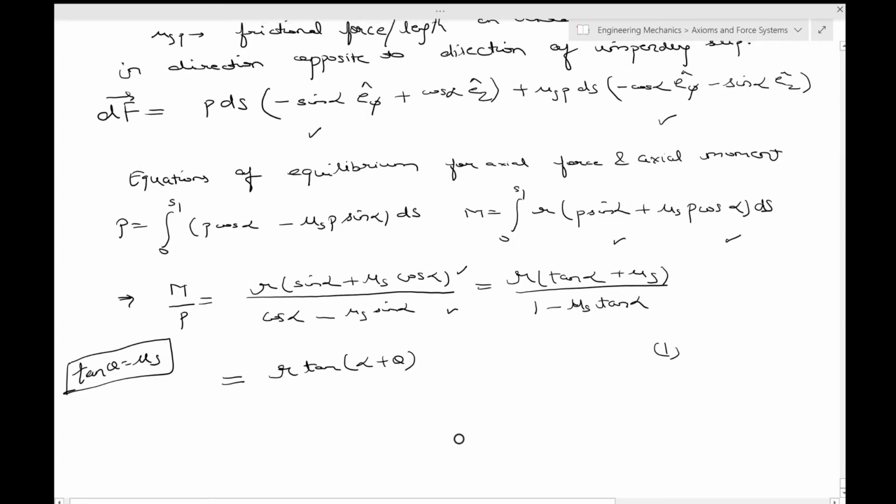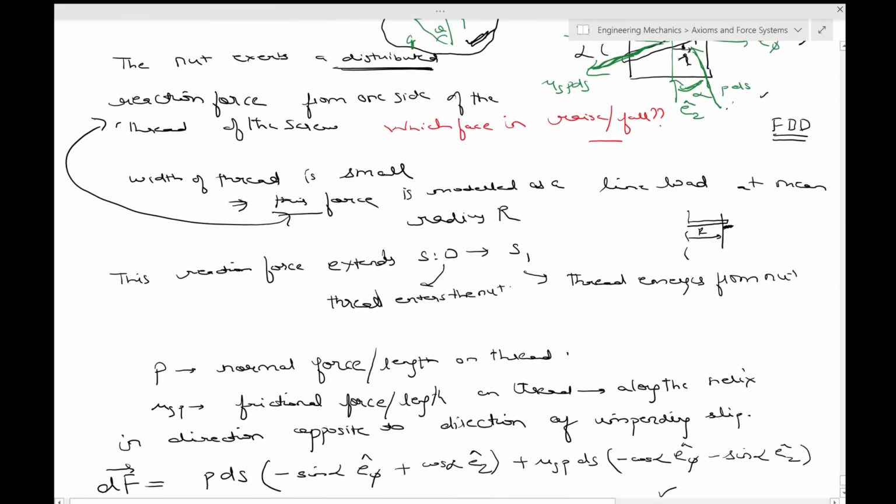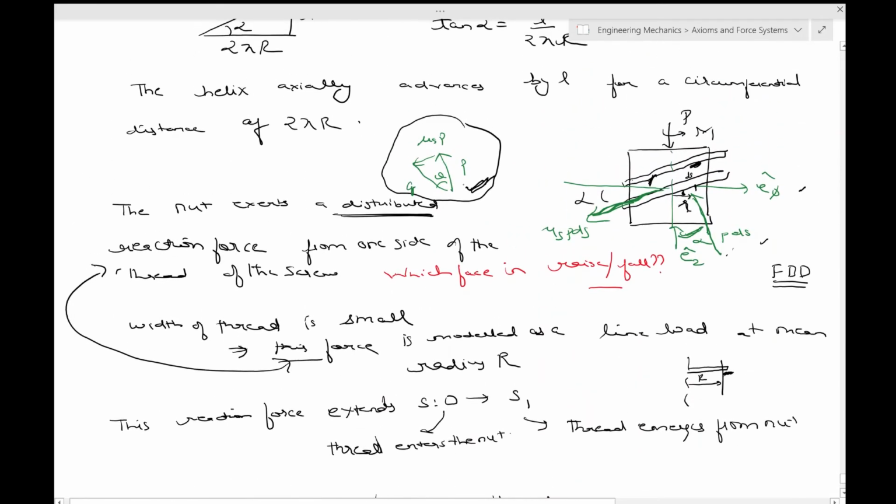Okay, so Q, if you see, is actually the resultant of this P and mu s P. Now we want to write its average value.